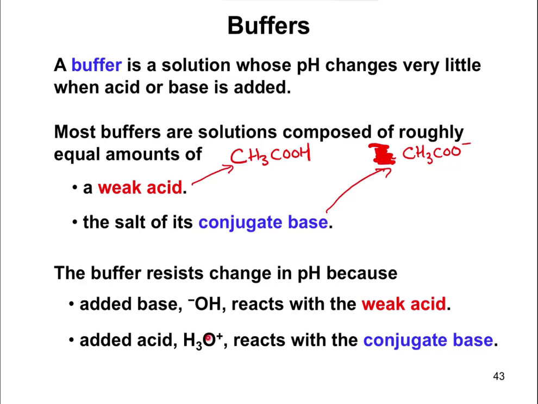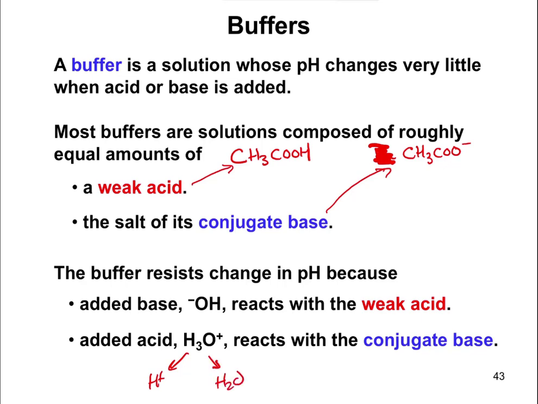Similarly, if you add acid, and I told you in the previous video, whenever you think of acid, think of H plus or H3O plus. So H3O plus is added. That's going to react here, and H is going to be donated from here. So H3O plus you could think of as H plus and H2O.